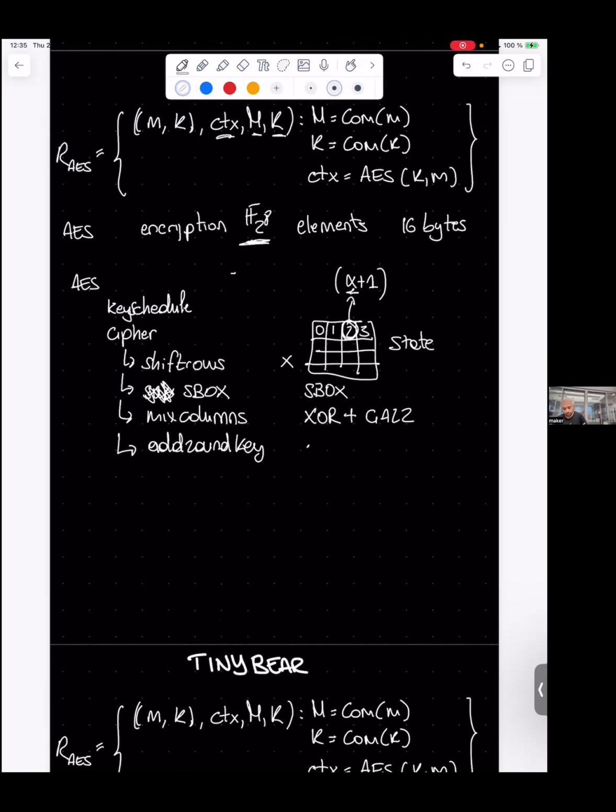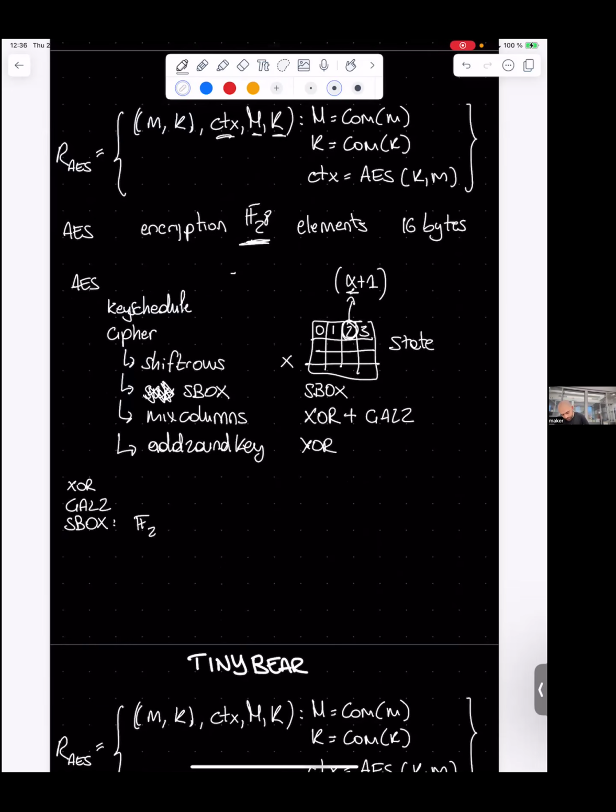And finally, add round key is just doing the XOR operation with the state and key. So in sum, all of AES can be expressed as 3 different functions: the XOR function, this multiplication by the primitive field element, and the S-box function.